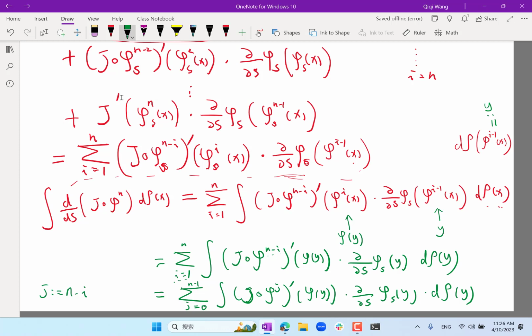I hope this is an easier way to understand how the Ruelle formula was derived. It's basically taking the chain rule and using the fact that the equilibrium measure, the ergodic measure, is invariant under the transform. So we do a change of variable based on that, and then do another change of the index, and take n to infinity. That's the formula.